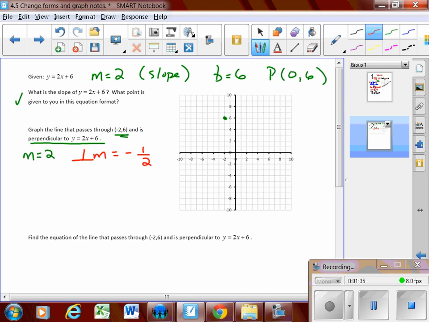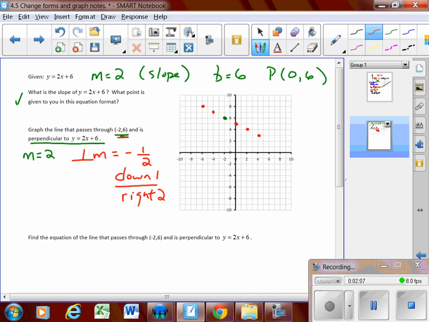So I'm supposed to be starting at negative 2 and 6, and now use that information to draw a line or plot some more points. That tells me to go down 1 and right 2 because I have a negative slope. So from my given point of negative 2 and 6, down 1 and right 2, down 1 and right 2, or up 1, left 2, up 1, left 2.